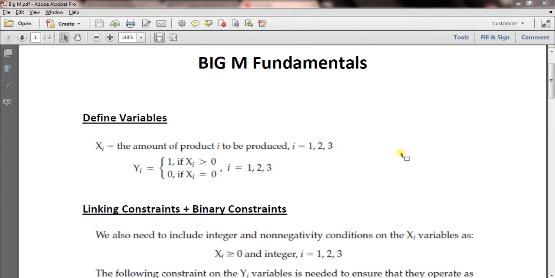These are the two simple associated things which you can identify from a question when you are formulating the question. If you find any question with these two nature, how much to produce and whether to produce or not, in those cases you should go for big M.